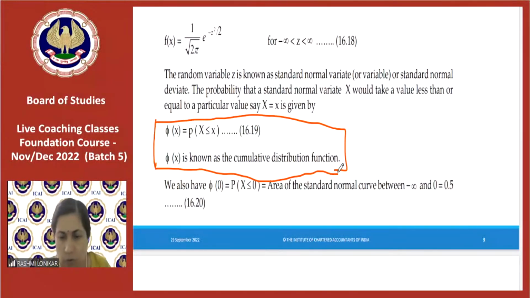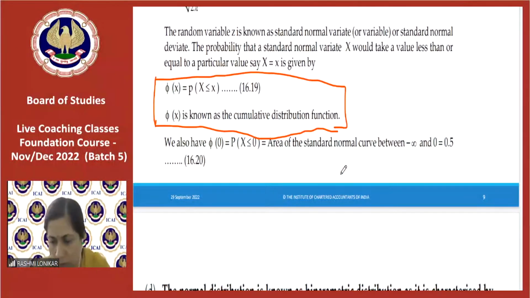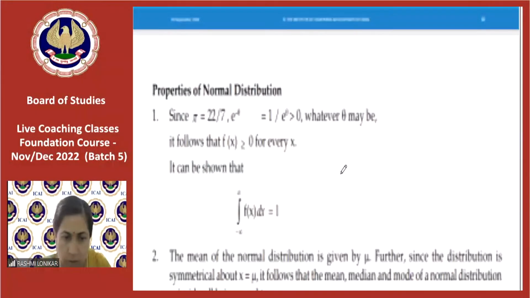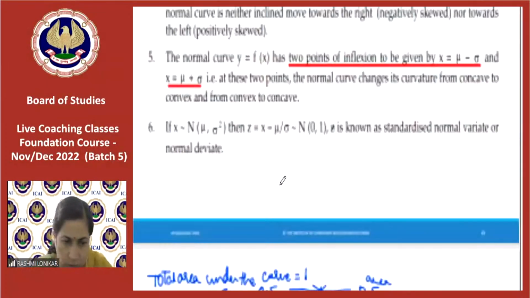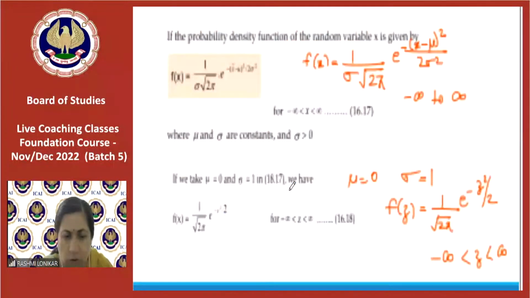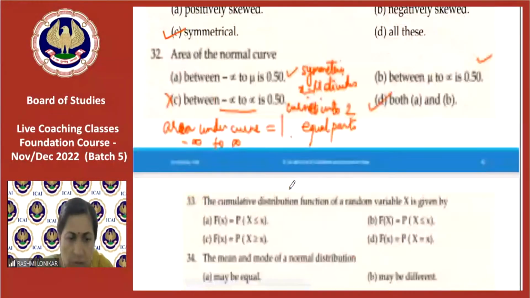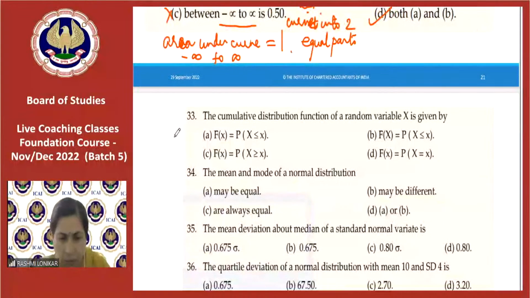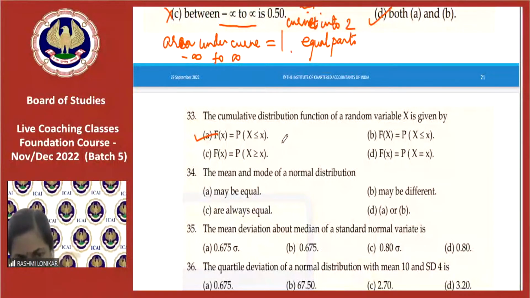So that is why it is important that you solve the problem, so that you will appreciate whatever information is given above and be able to understand. So A will be the correct answer. X less than or equal to x.